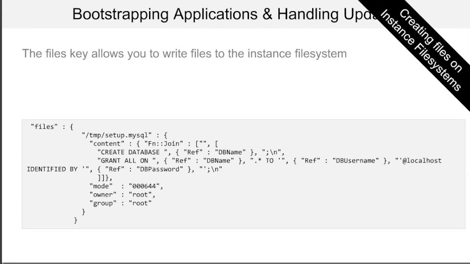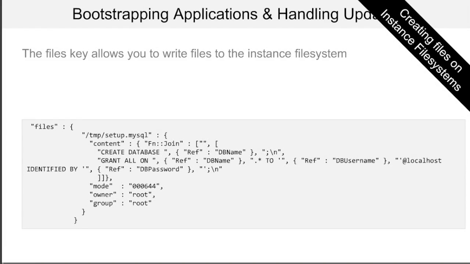So you might use this to dynamically create, for example, here you can see a MySQL setup file which is being created. And we can make references inside this construct within the CloudFormation template in the same way that we can with any other CloudFormation resource that we might create.